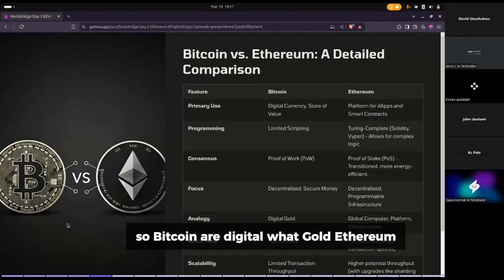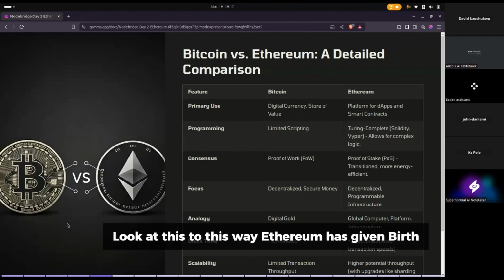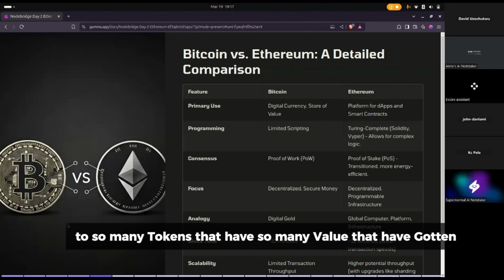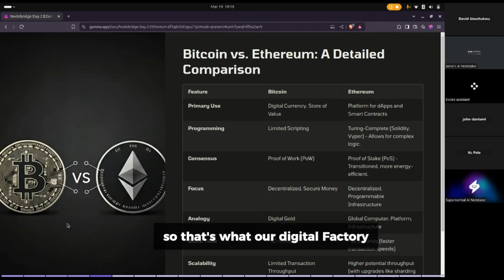So Bitcoin is digital gold, Ethereum is a digital factory. Look at it this way: Ethereum has given birth to so many tokens that have gotten a lot of value. So that's our digital factory.